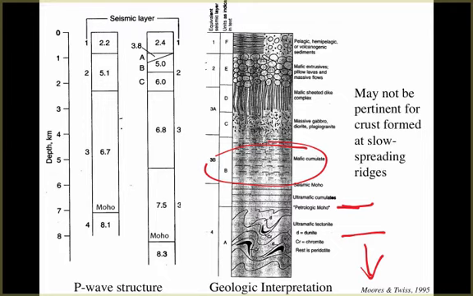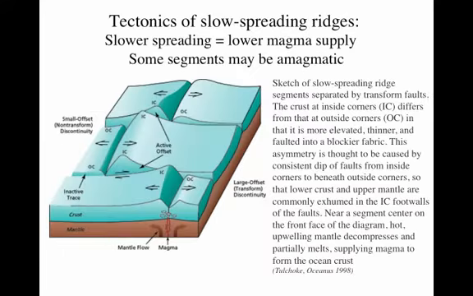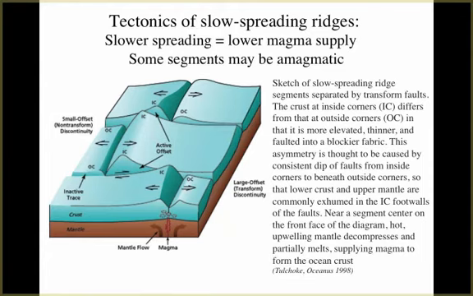This structure may not be the case in slow spreading ridges. Slower spreading ridges have a lower magma supply. Some segments may actually be amagmatic. This is a sketch of a slow spreading ridge that's separated by transform faults.